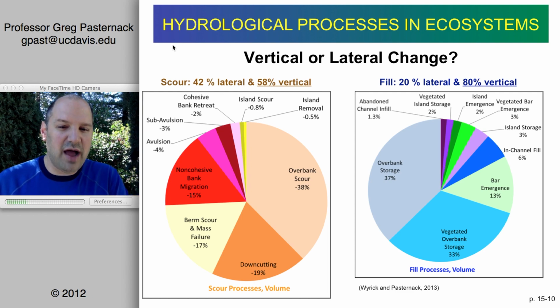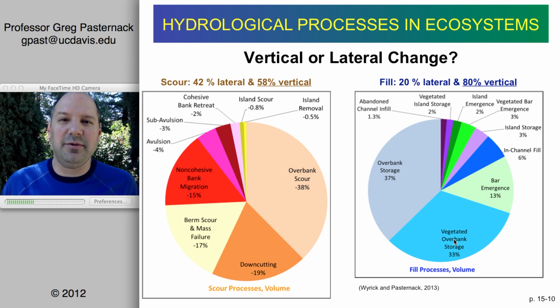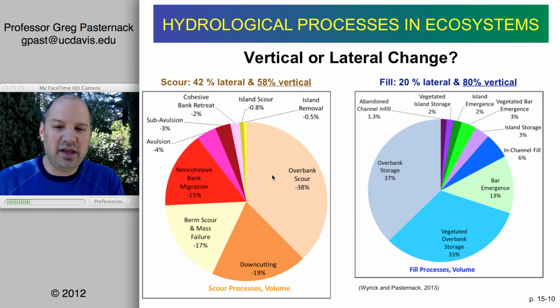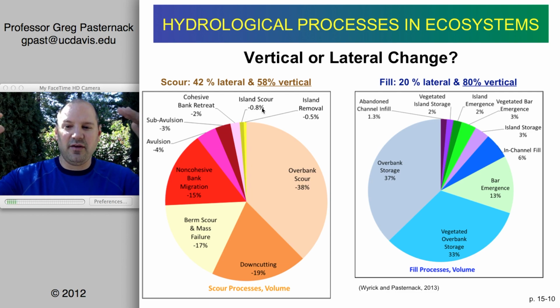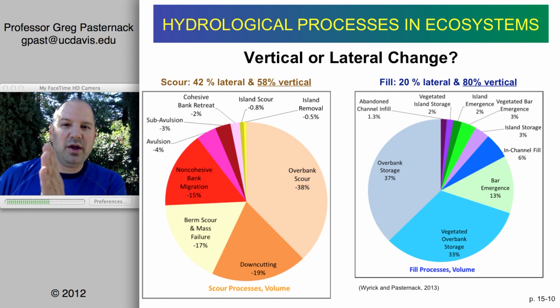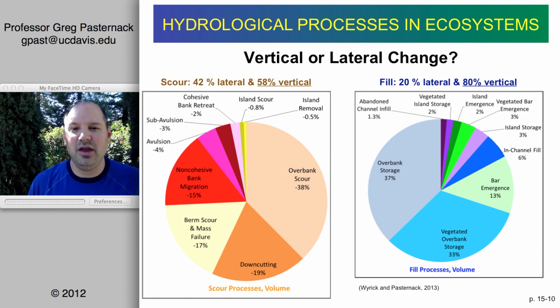And so here I've got two pie charts, one for scour in shades of red and one for fill in shades of blue and green. We can look at the individual processes and break them down into which cause just vertical scour, or which, in the process of lateral migration, are also cutting things down.